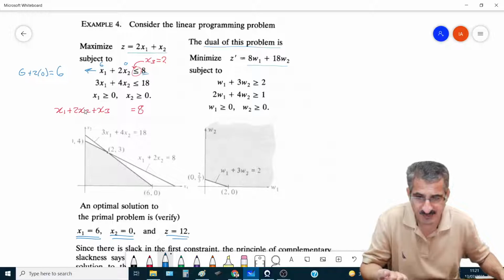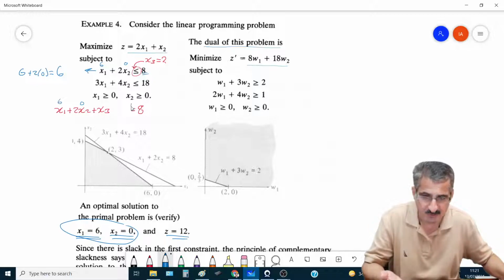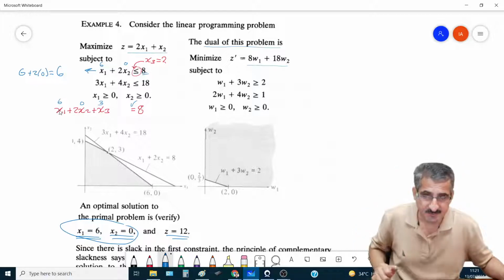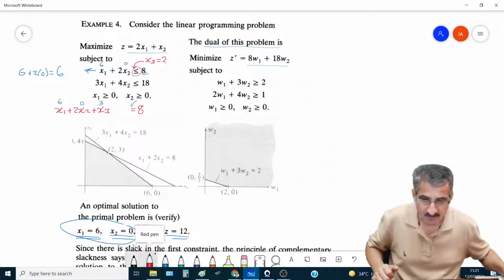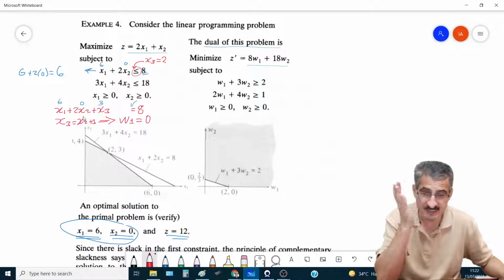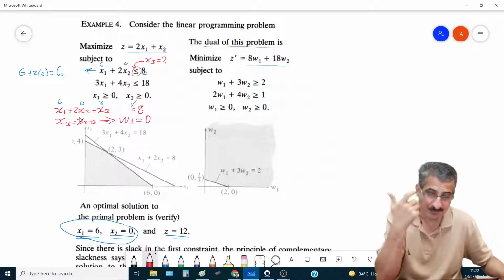And we are saying that the optimal solution gives us the information: this is 0 and this is 6. So to make this equality true, this slack variable has to take the value 2. That means, remember that x3 is x_{n+1}, so now w1 must be 0, because this slack variable is positive.